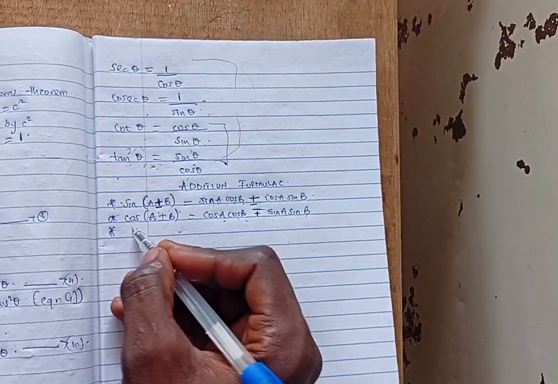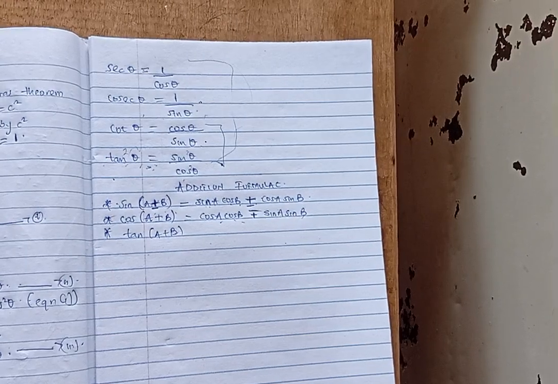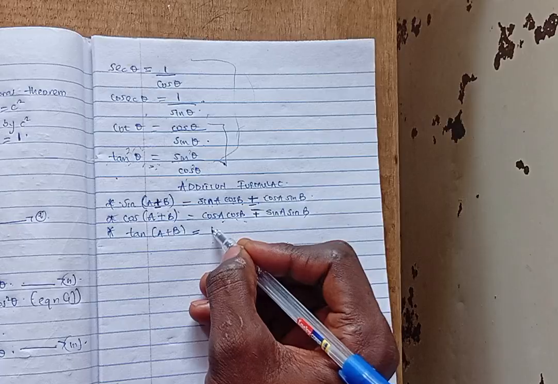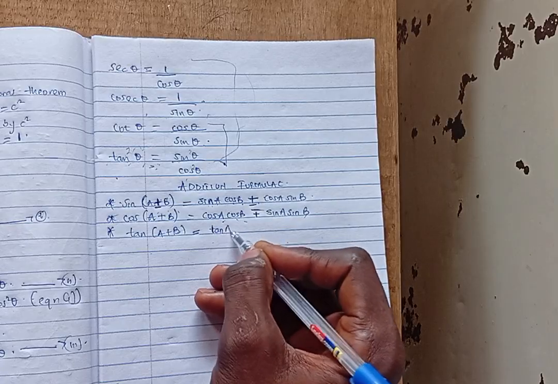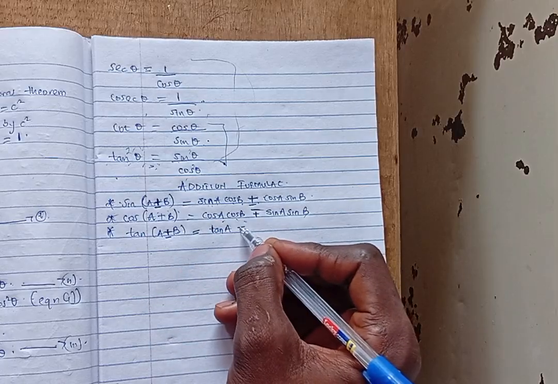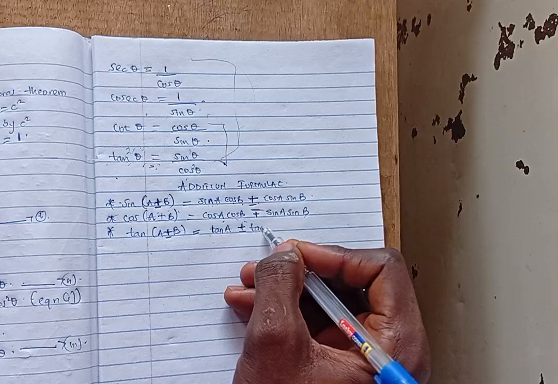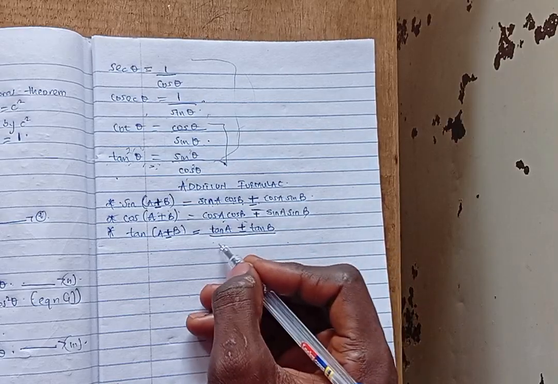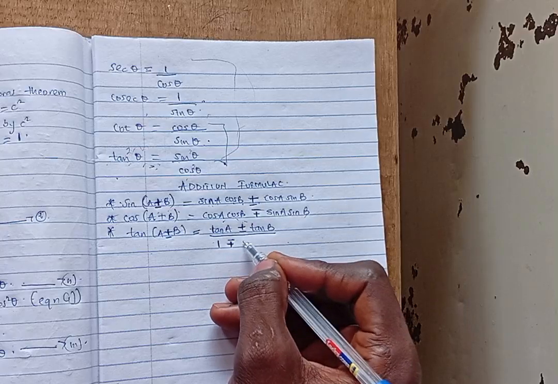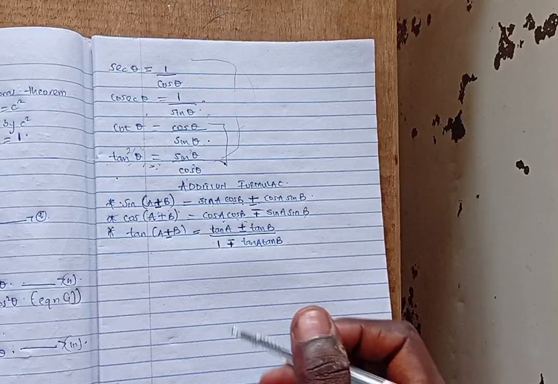We also have tan(A plus B). Tan(A plus or minus B) is tan A plus or minus tan B over 1 minus or plus tan A tan B. Hope you get it.